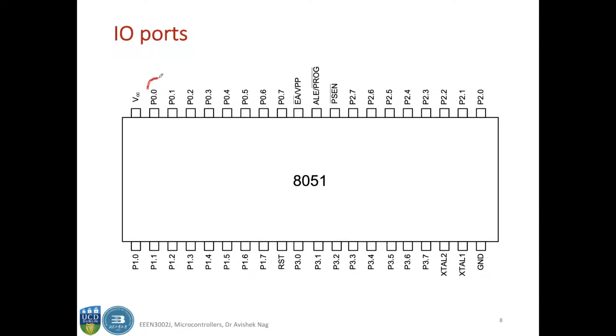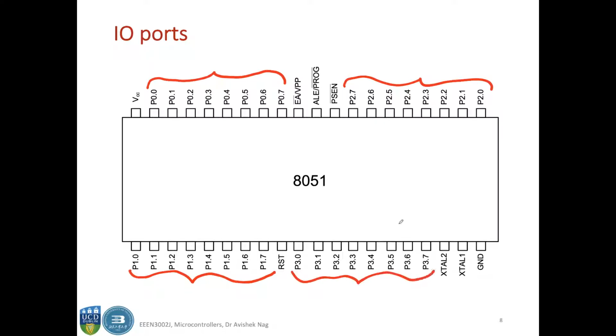So this is P0 and the different 8 pins of P0 from P0.0 to P0.7. Then we have P1, here we have P2, the 8 pins of P2, and then here we have the 8 pins of P3.